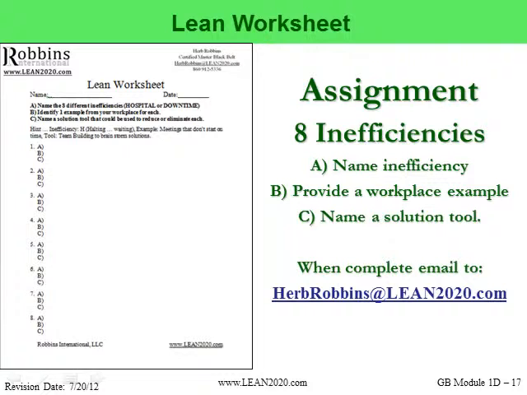So I'd encourage you to take this worksheet. You can make a copy of it. Provide the training, let your people see the 8 different inefficiencies, and then simply show them this worksheet and see what they can come up with within your work environment for the different inefficiencies.